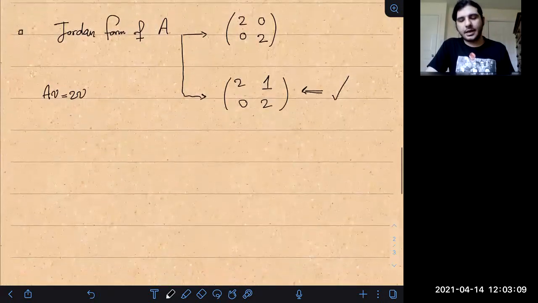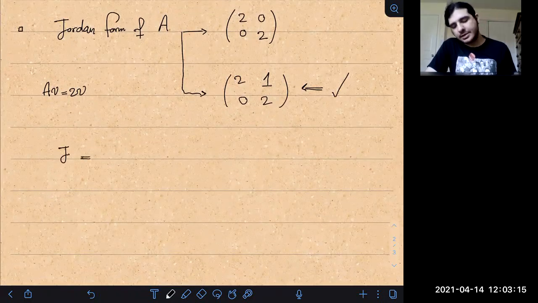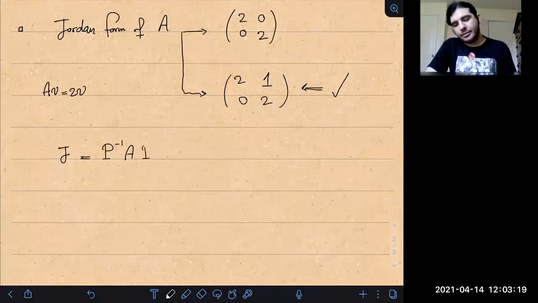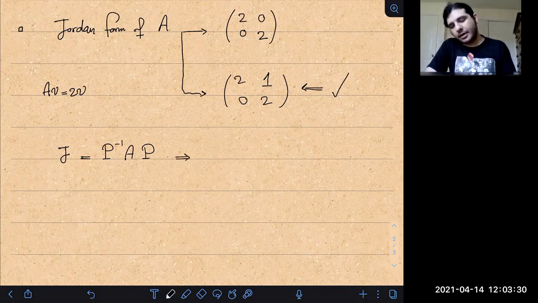We know that the Jordan form of the matrix A, if I denote it with J, is equal to P inverse A P. So I only need to find this matrix P. What is the value of this matrix P?